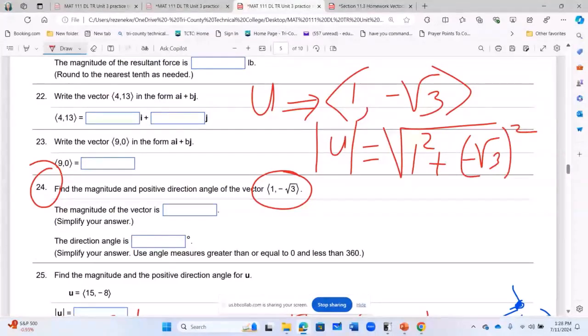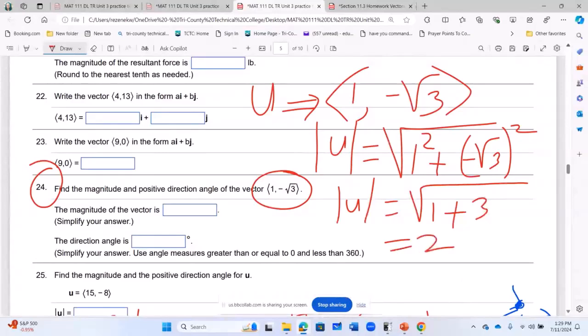Therefore, the magnitude of this vector is going to be square root of 1 plus 3, and square root of 4 is actually going to be 2. We're not doing plus or minus because it's absolute value. So the magnitude of u is 2. We found that.